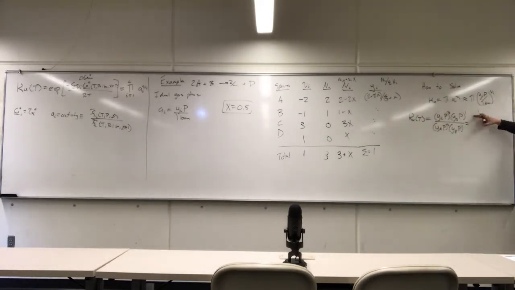Positive stoichiometric coefficients for the products in the numerator, negative stoichiometric coefficients for the denominator. So we have mole fraction of C cubed, mole fraction of D to the power 1, mole fraction of A squared, mole fraction of B to the power 1, and you have an imbalance here. We're left with the lingering pressure.